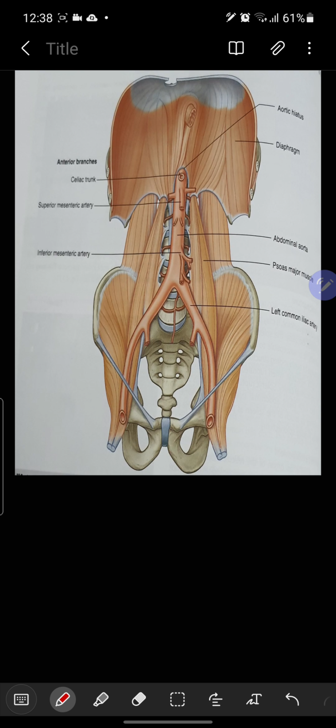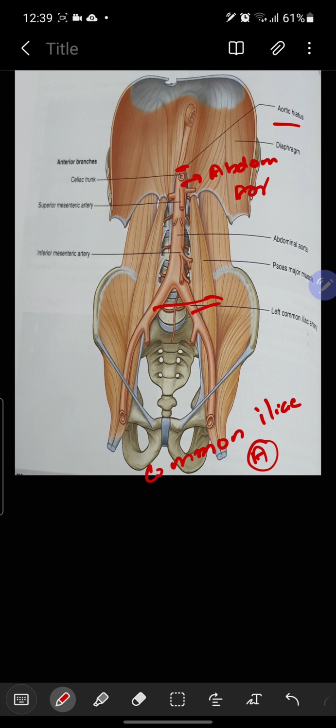To know its course, this one is abdominal aorta, which is passing through the aortic hiatus, that means crossing the diaphragm, and it will divide into common iliac arteries.